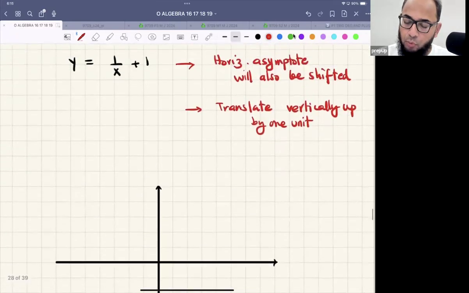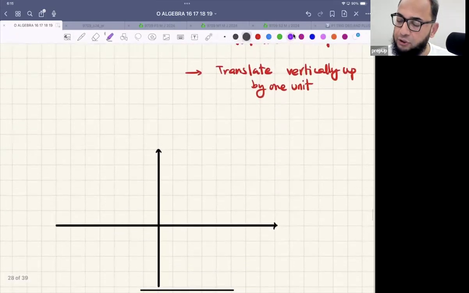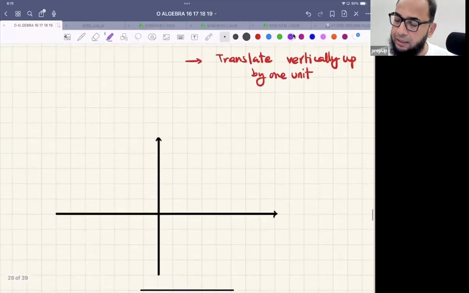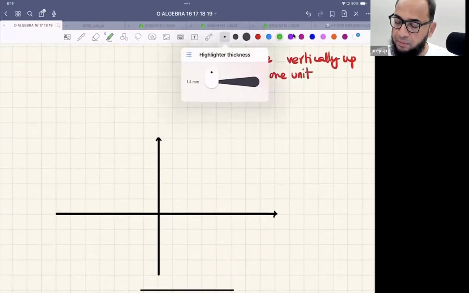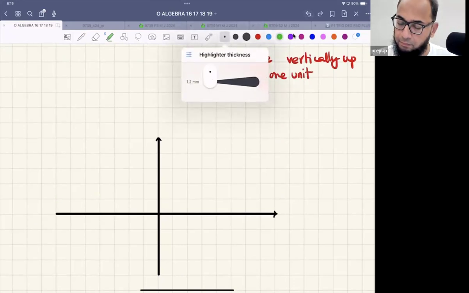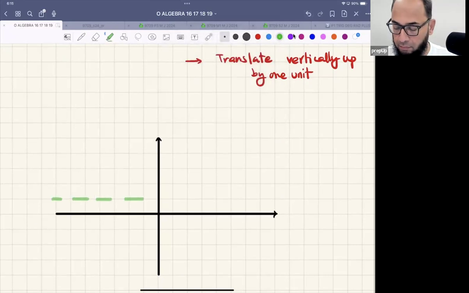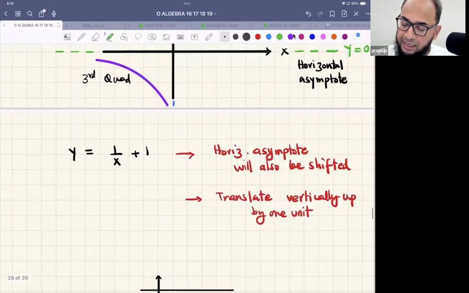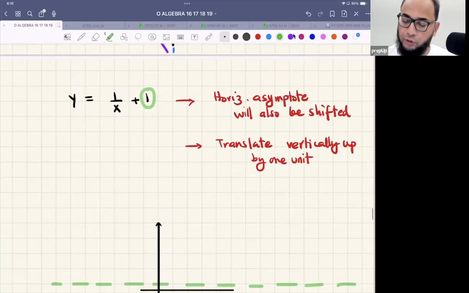That means now if I want to draw this graph, let me use a green line over here. Let me make it thicker. This is too thick. That's the line y is equal to 1. That's for this.